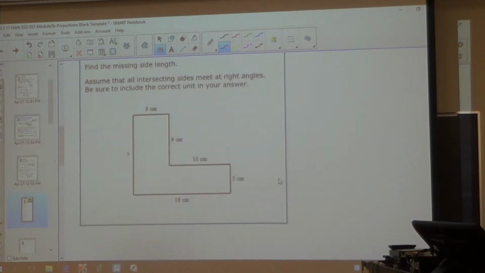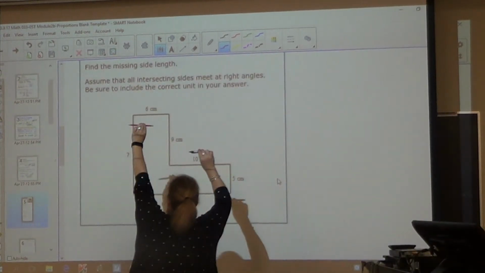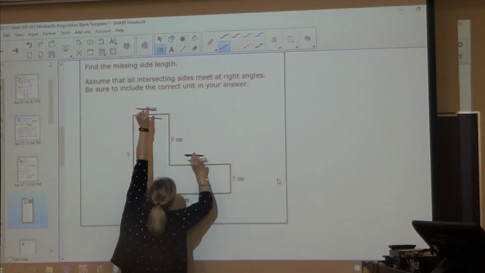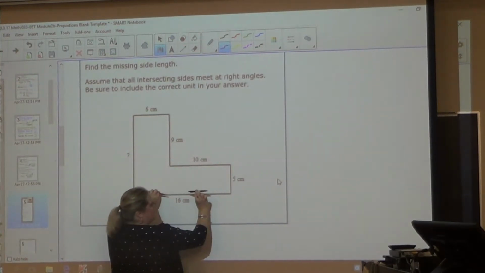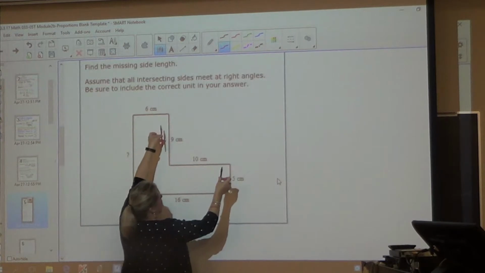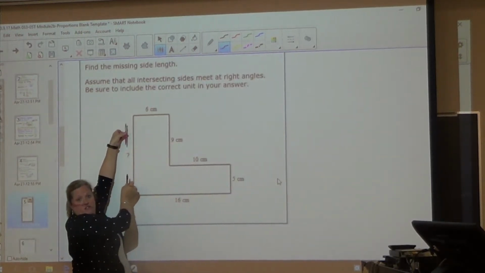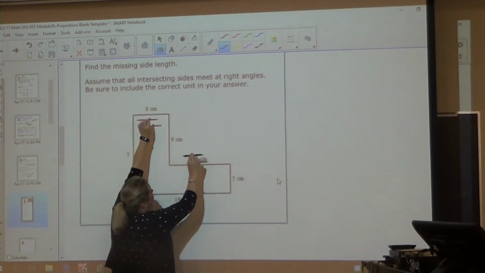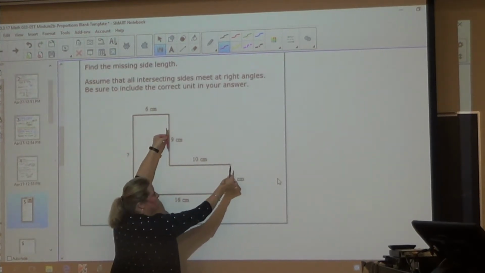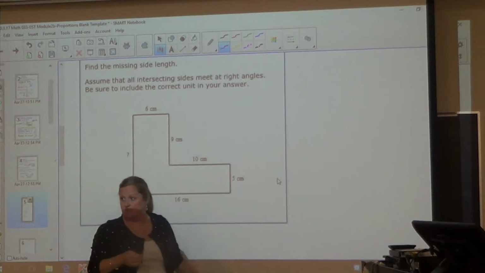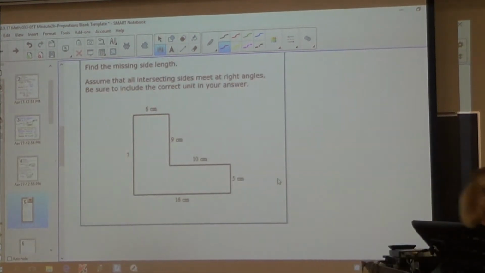So, for this one, if I do flats, do you see that 6 and 10 gave me the 16? Yeah. So 9 and 5 is going to give me 14. So the two flats make the big flat. The two up and downs make the big up and down. So this piece is 9.